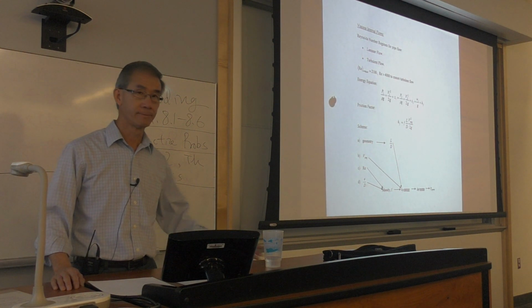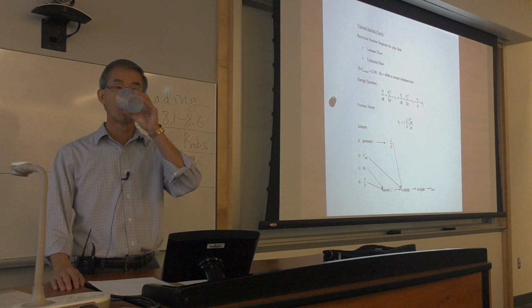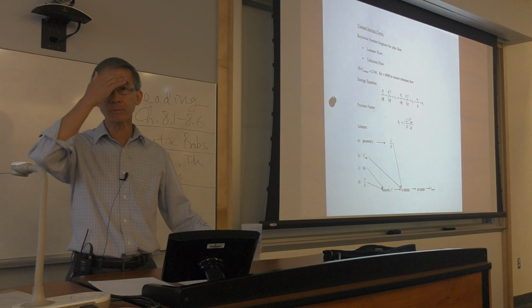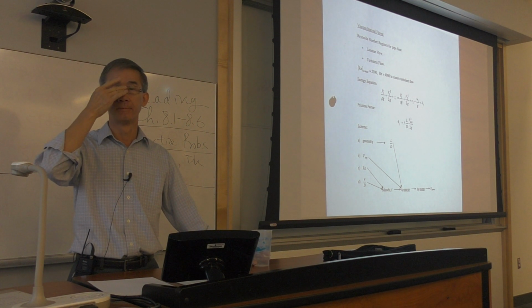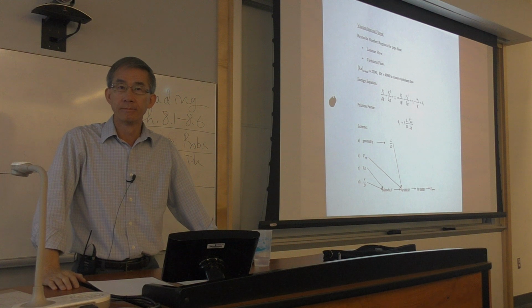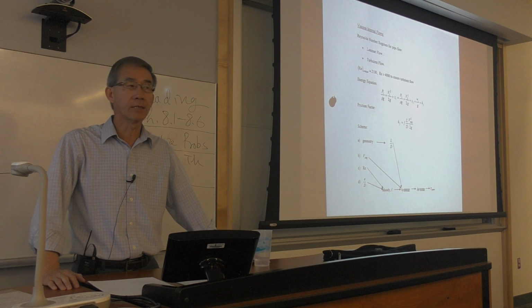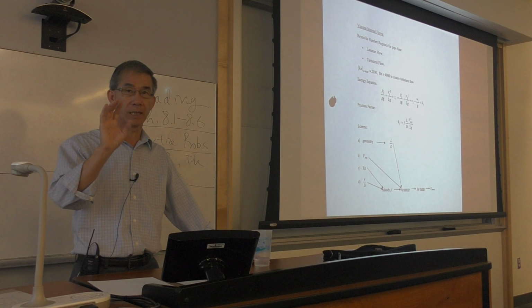Yes? I know we had a problem on the homework due today that dealt with non-circular pipes. In those cases, should you be using hydraulic diameter for anything except volumetric flow rate? That's a very good question. The answer is yes.